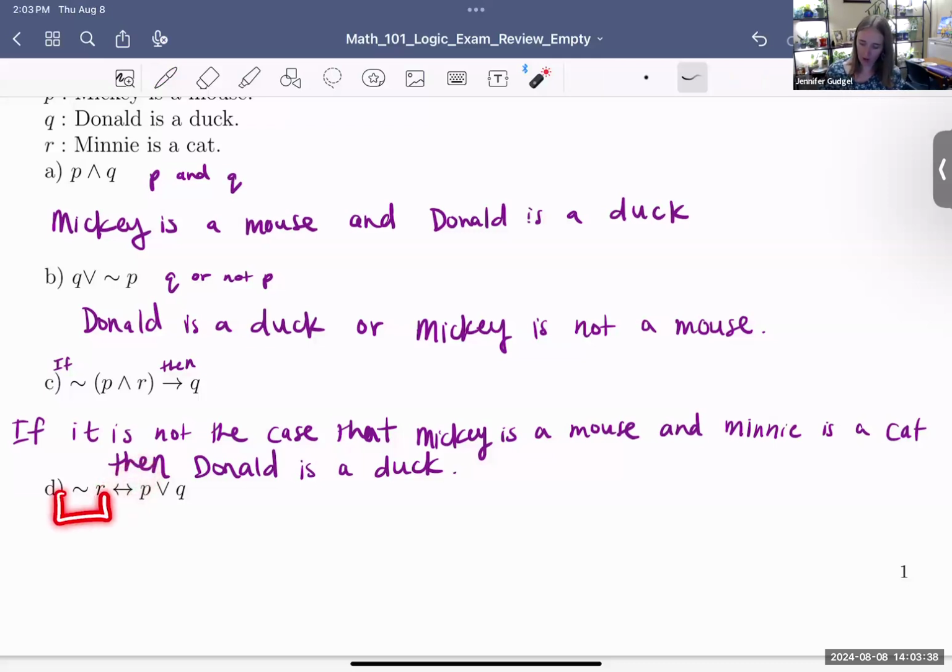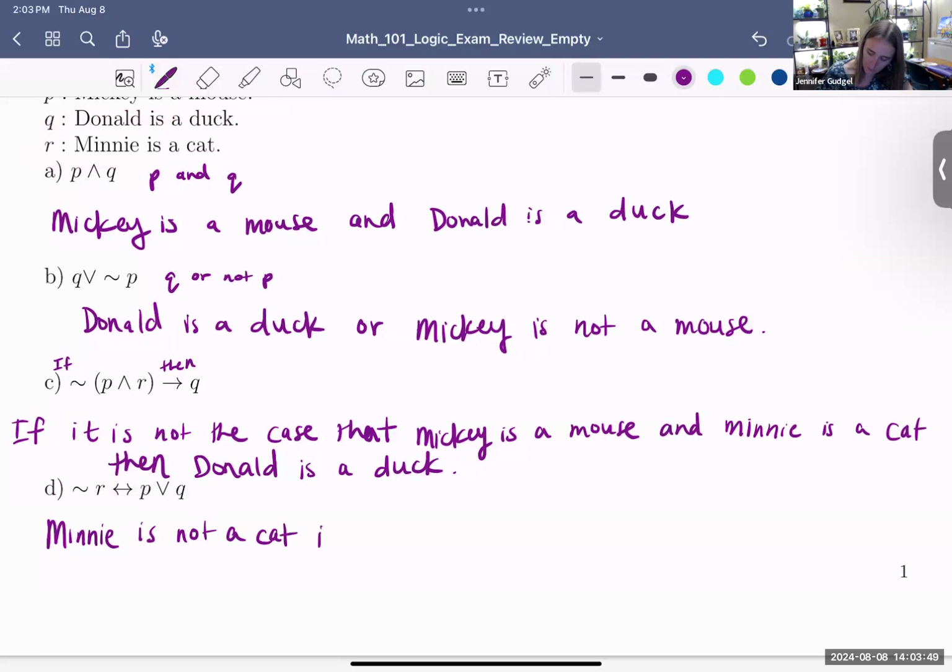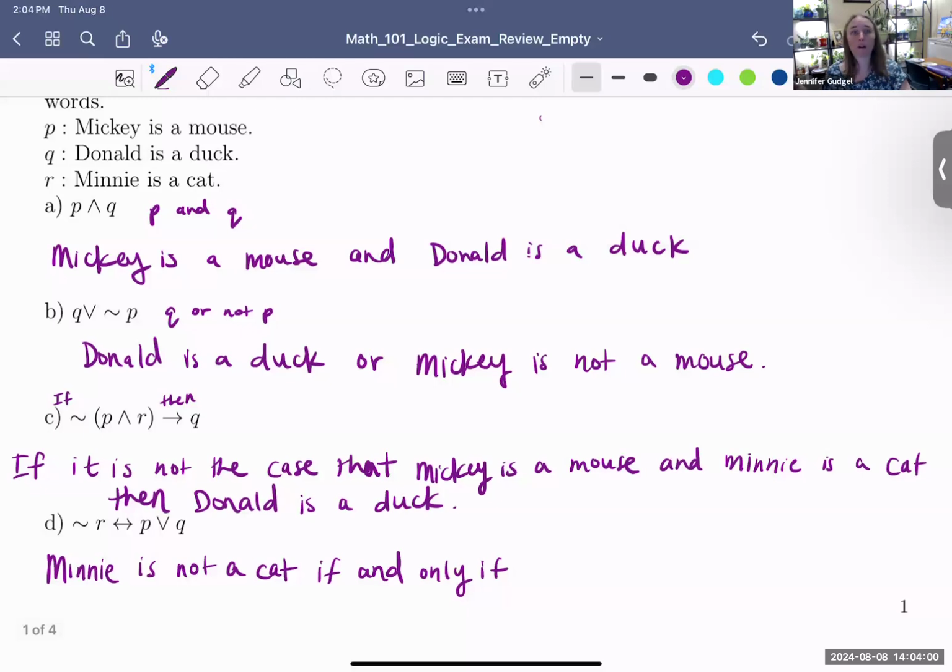So we have not R, which is that Minnie is not a cat, if and only if, that's our two-way arrow, P or Q. P was Mickey is a mouse or Donald is a duck.